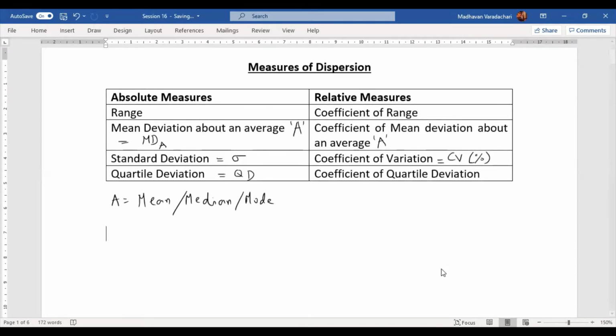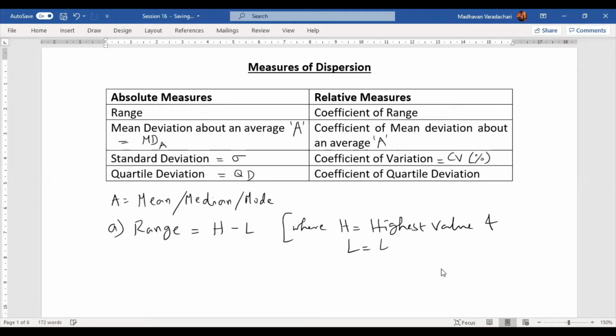First one, range. Range in a data is nothing but highest minus lowest, where H is the highest value and L is the lowest value or the least value.